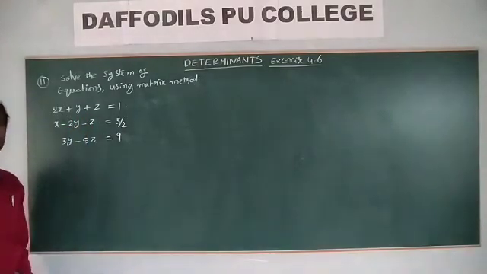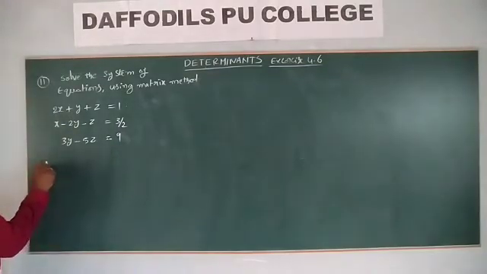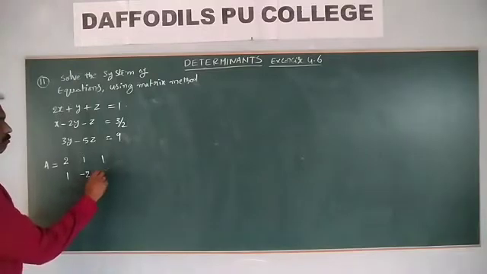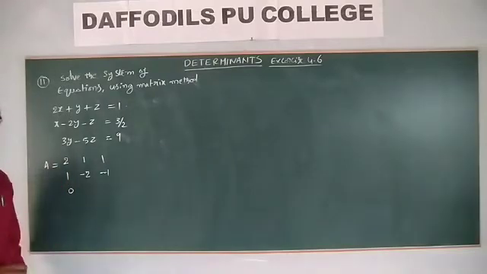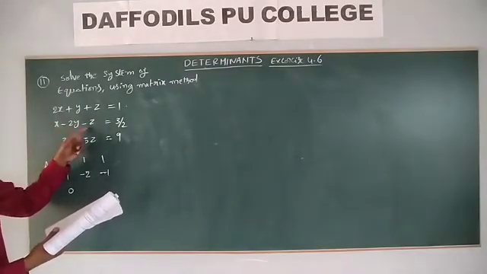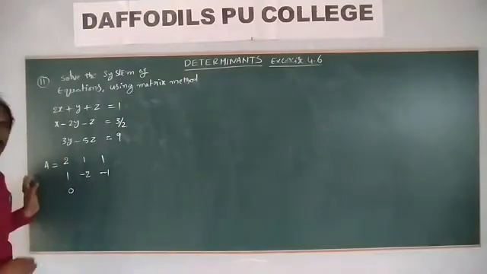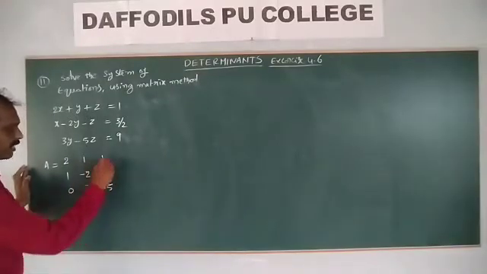First of all, we write the coefficient matrix A, the variable matrix, and the constant matrix B. Coefficient matrix: 2, 1, 1; 1, minus 2, minus 1; and next, there is no x value in the third equation, so the x coefficient is 0, the y coefficient is 3, and the z coefficient is minus 5.